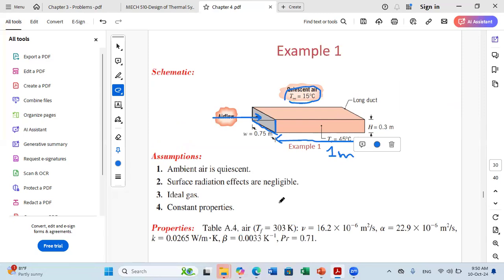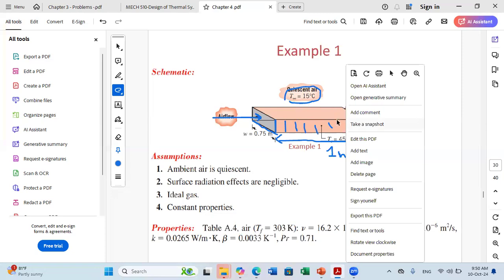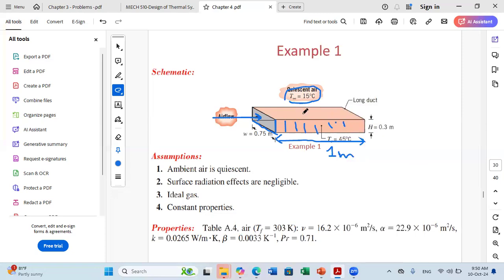In this problem, what do we have? We have several surfaces. We have some surfaces that are vertical and other surfaces that are horizontal. So we need to calculate the total heat loss.